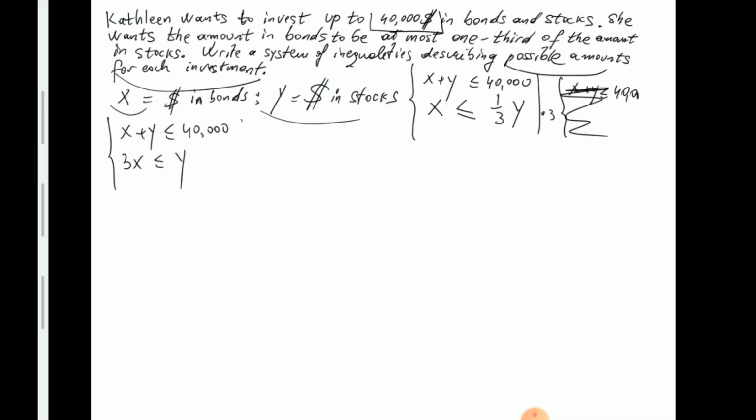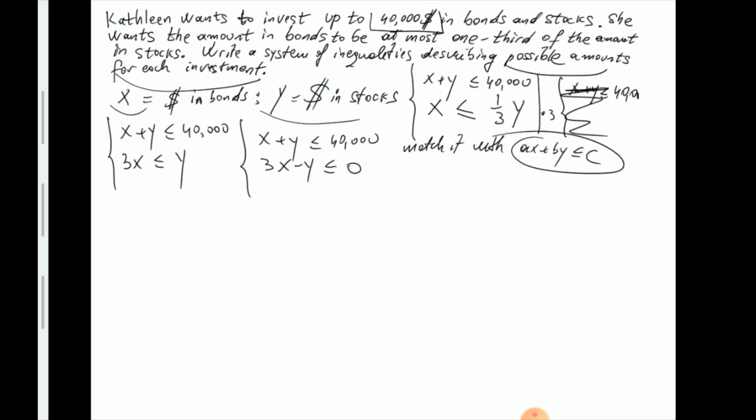And moreover, you can write it in the standard way with X and Y on the left side if you prefer. Not mandatory, but if you want to match it with the general form, ax plus by less than or equal to c, you can certainly do that.